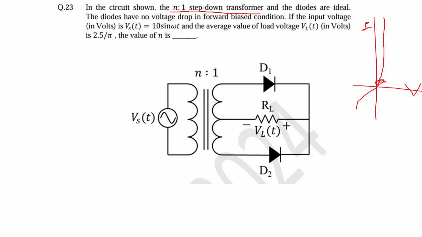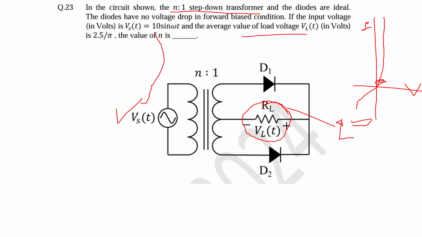If the input voltage, that is Vs, here we are applying the Vs, that is equal to 10 sin omega t, and the average value of load voltage which will appear across this resistance RL is already given, that is equal to 2.5 by pi, right?